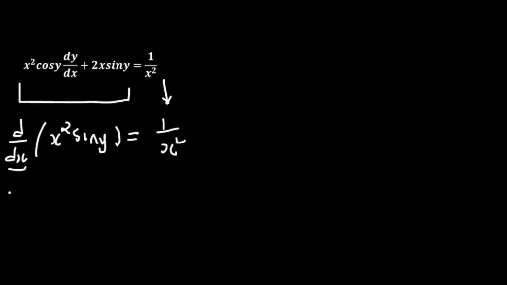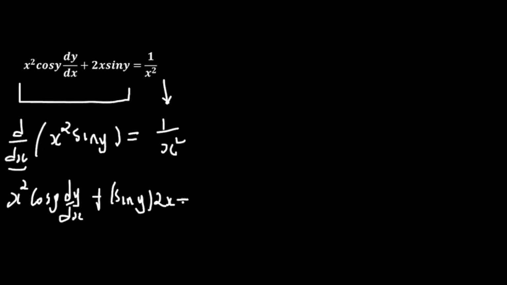Now if we keep our x squared constant and we differentiate sine y, then we're going to have cos y and then dy/dx, because we're differentiating with respect to x. Now plus, if we keep our sine y constant and we differentiate x squared, we're going to have 2x. So this will be equal to 1 over x squared.